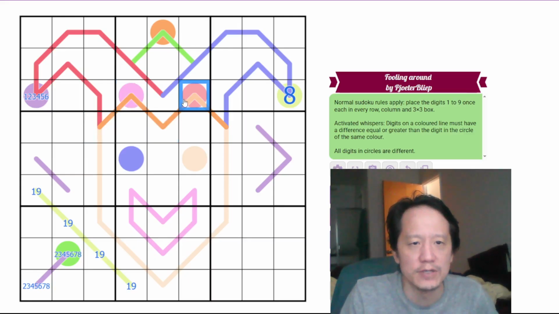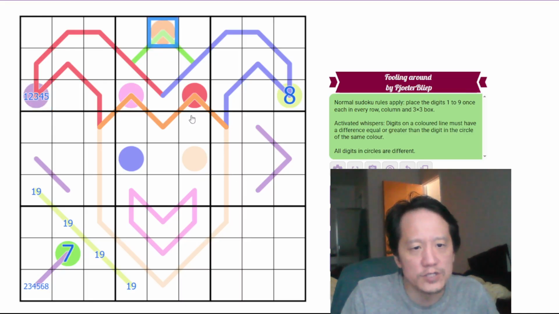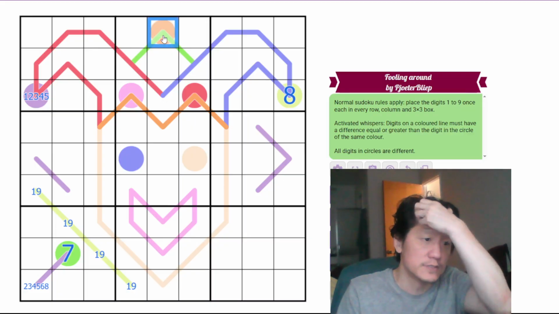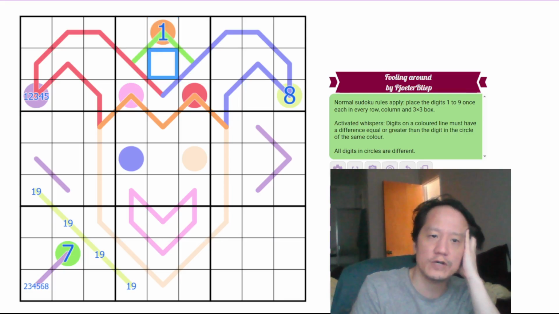It has to be green. So this is a difference of 7, which means this cannot be 7. This cannot be a difference of 6 anymore. So this must be a difference of 7 between these. And this can't be 9, because 9 cannot be on this. 8 cannot be here. It has to be 1. So this is 1 with 8 or 9 here.